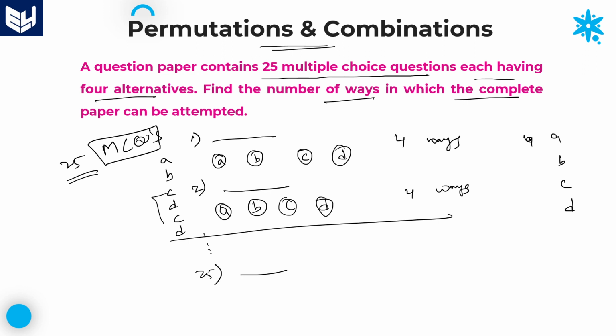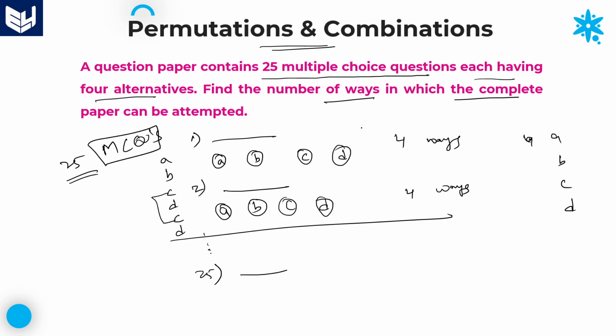Here any particular option will definitely be repeated more than once. It means this question indicates that repetition of options is allowed. Here he indirectly mentions in the given problem that repetition of options is allowed.